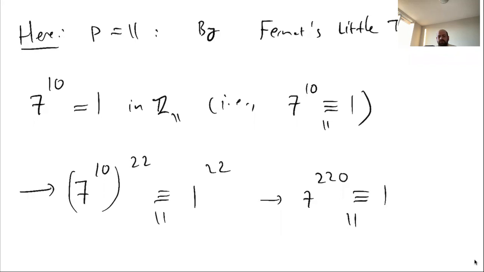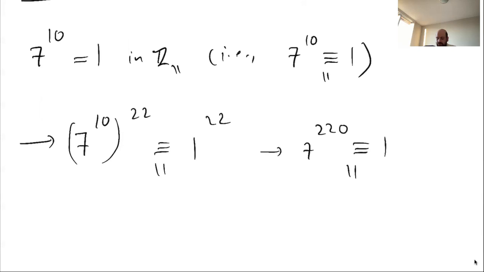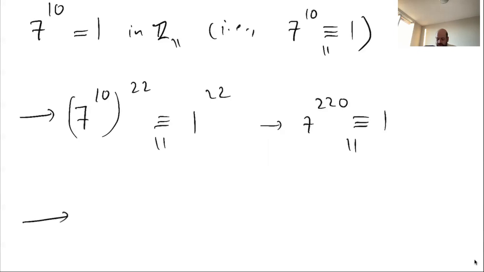So 7 to the power 220 is congruent to 1 mod 11. What do I need? I need 7 to the power 222. What do I have? 7 to the power 220. So I just need 2 more powers of 7.